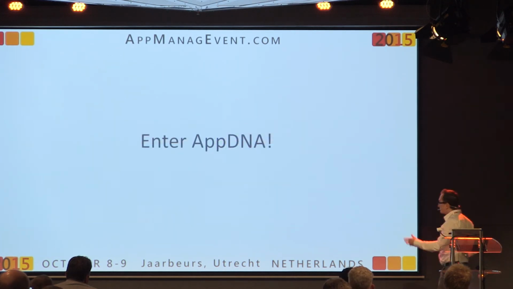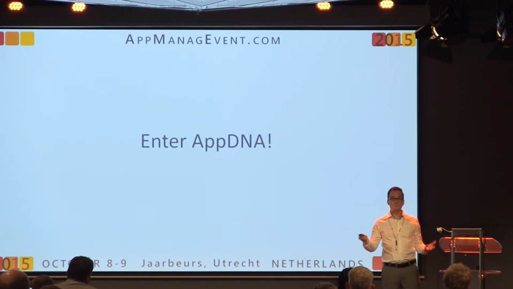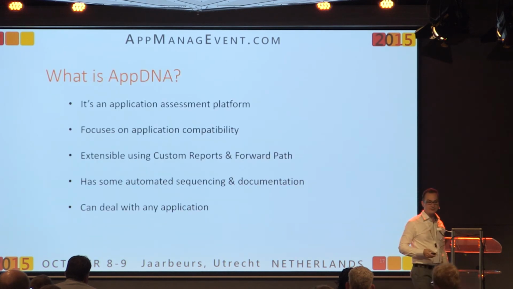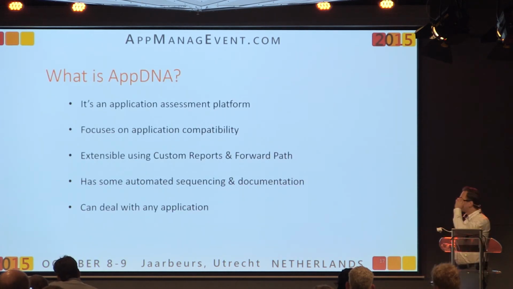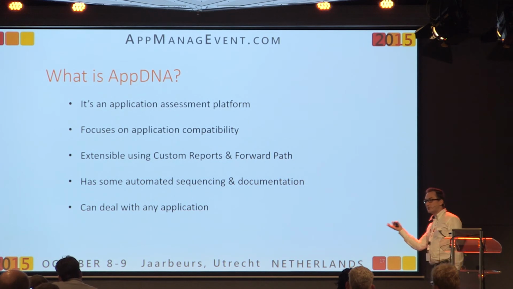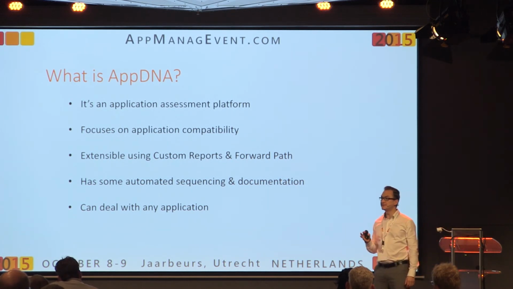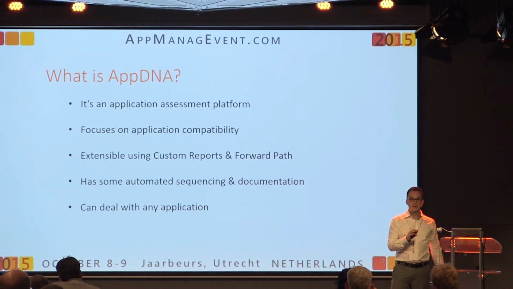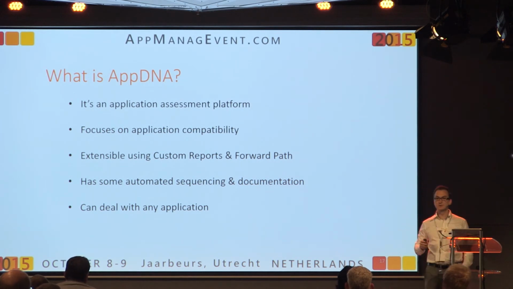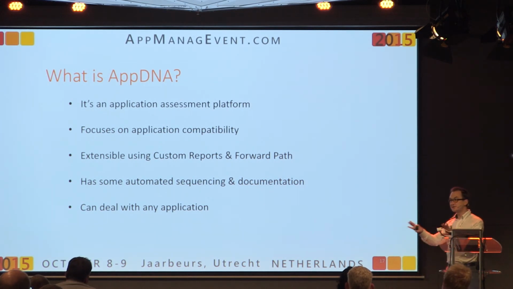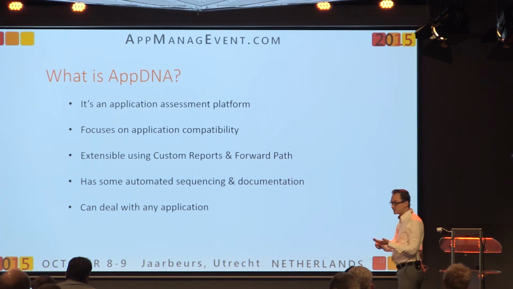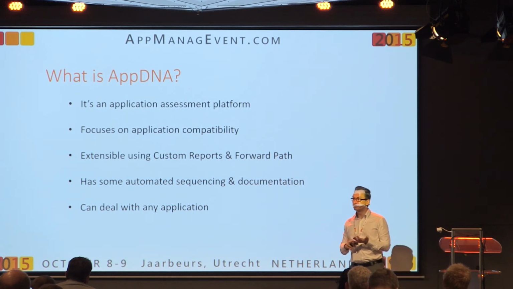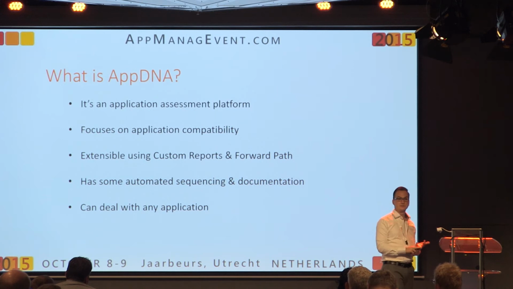So I've already alluded to this. This is where AppDNA enters the picture. It's an application assessment platform. Our focus has always been compatibility, but it's really important to understand that it's not just compatibility. You can assess your apps for internal compliance standards, security if you wanted to.